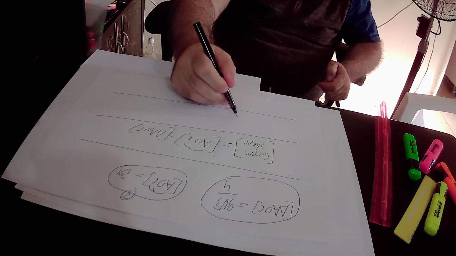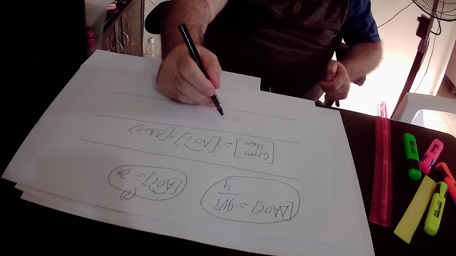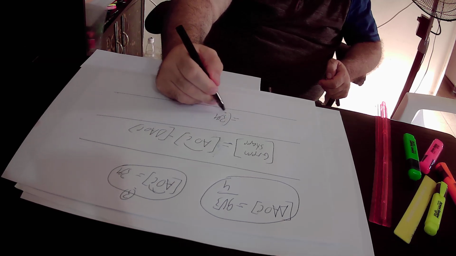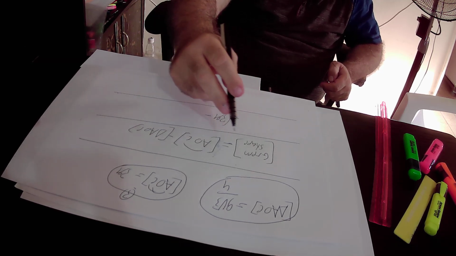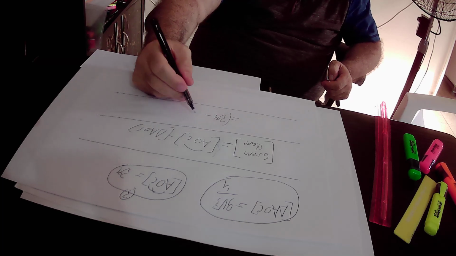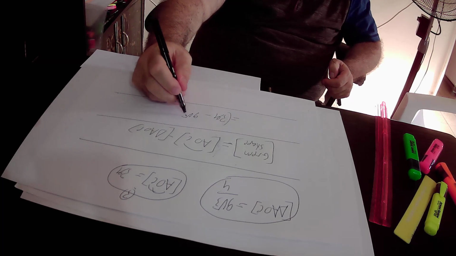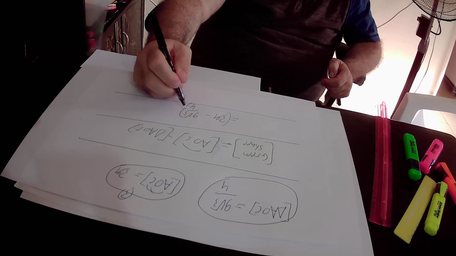We have already found out that the area of sector AOC equals 3 pi square units, minus the area of triangle AOC, which equals 9 times square root of 3 over 4 square units.